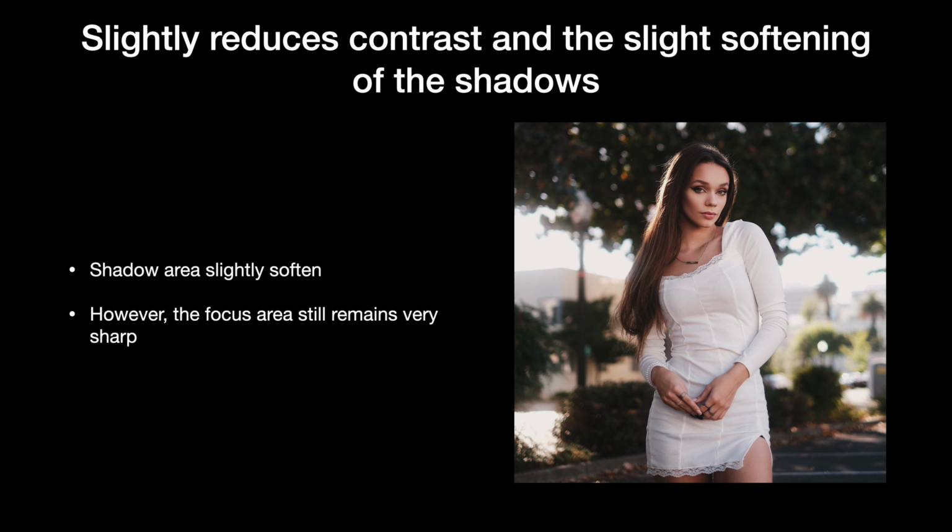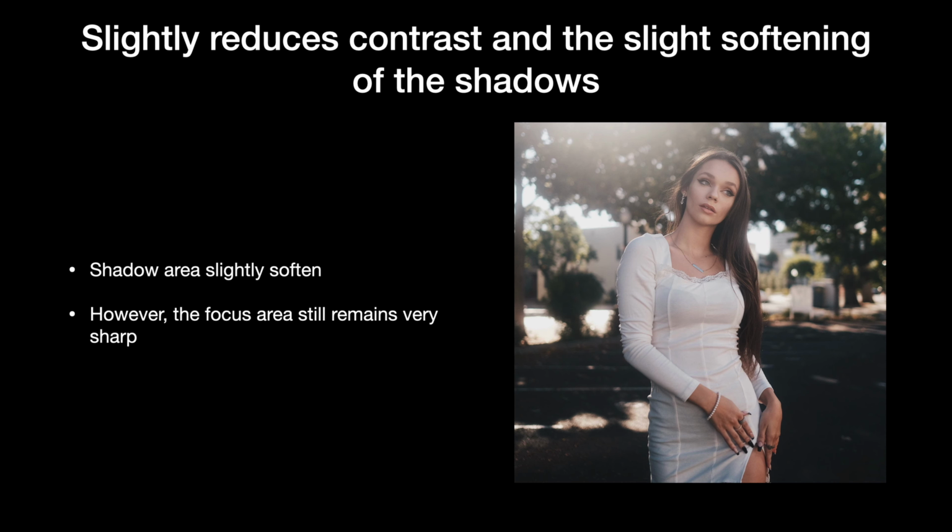It's not too strong a softening. However, the focus area still remains very sharp. It won't affect the focus area. For this picture, I used the 1/8 stop on the 35mm lens. You can see that the focus area is still very sharp, so it's a good thing that it won't affect the focus area.